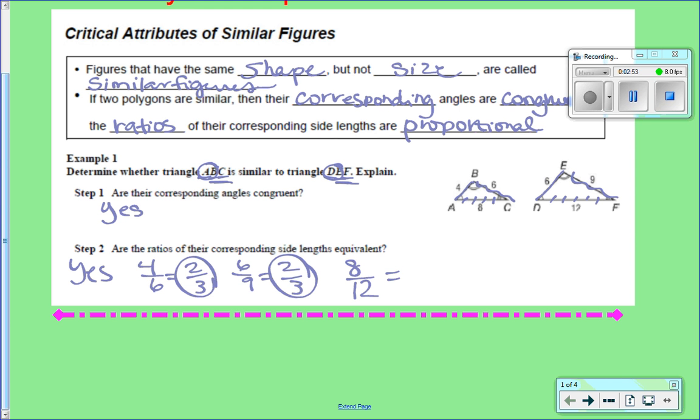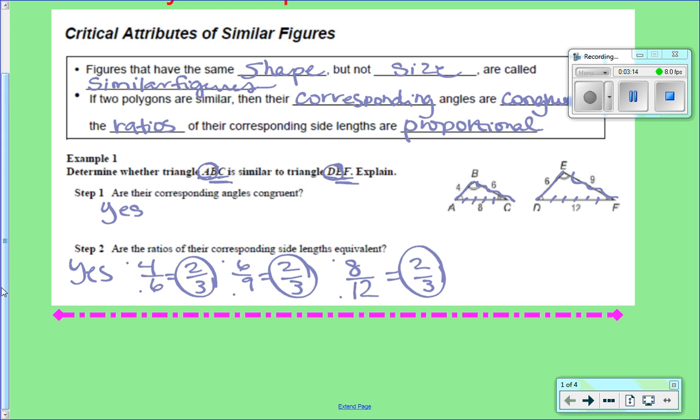And that simplifies to 2/3. Did anybody get 6 fourths, 9 sixths, and 12 eighths? Nobody did that that way? You did, that's fine. Are we good? Questions about that? Questions about similar figures?